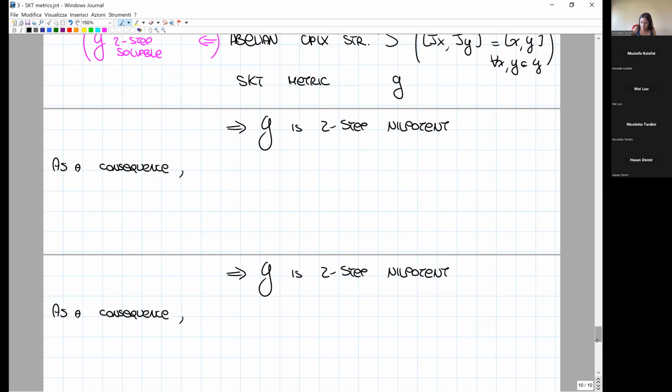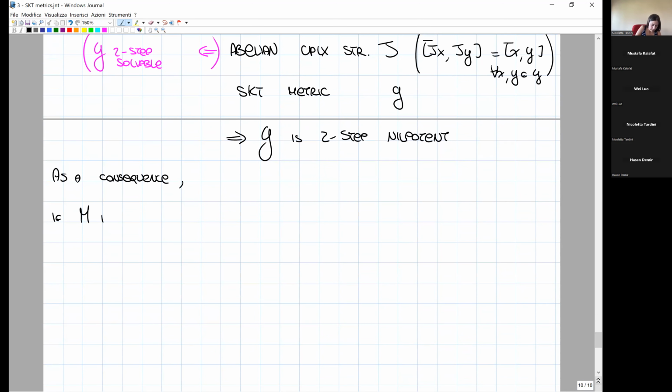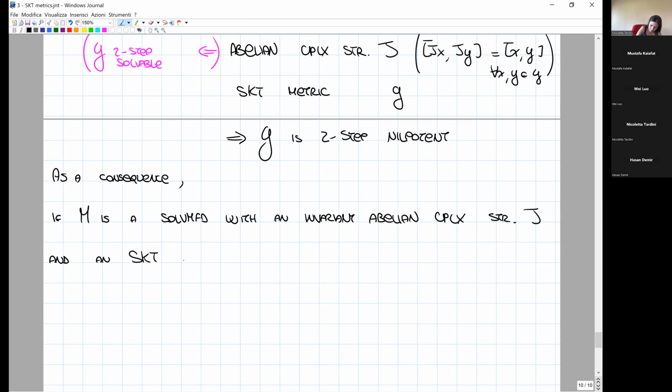So what does this result mean? It means that if M is a Sol manifold with an invariant abelian complex structure J and an SKT metric g, maybe not invariant, then thanks to the result of Ugarte you know that there exists an invariant SKT metric.